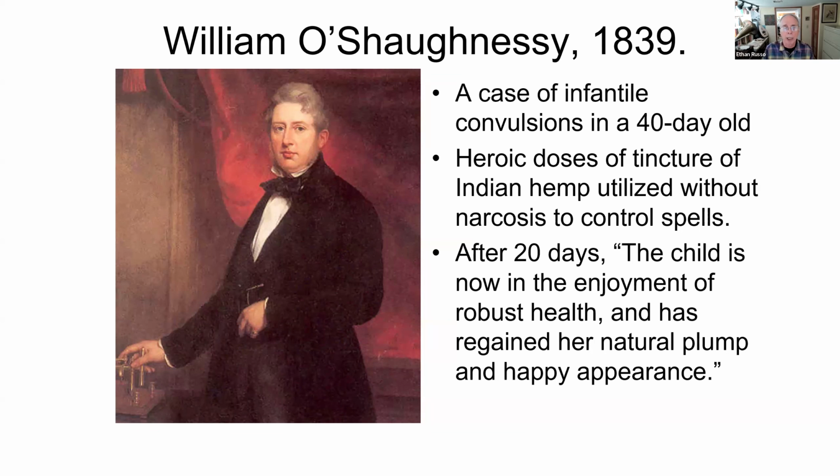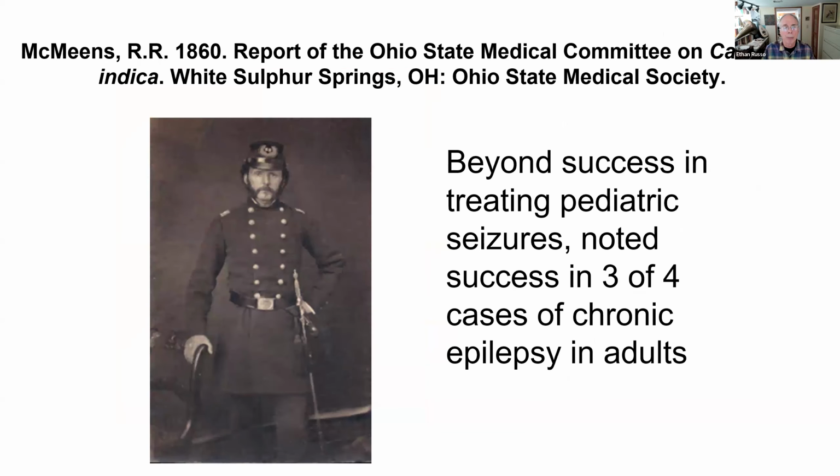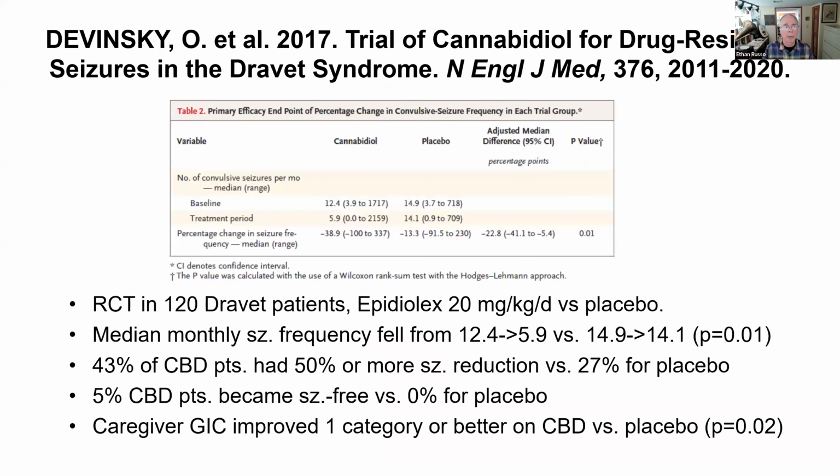Well, that's only one case report. But subsequently in the United States, there was a very long article on medical use of cannabis in the States. There was success in treating pediatric seizures, and 3 or 4 cases of chronic epilepsy in adults.